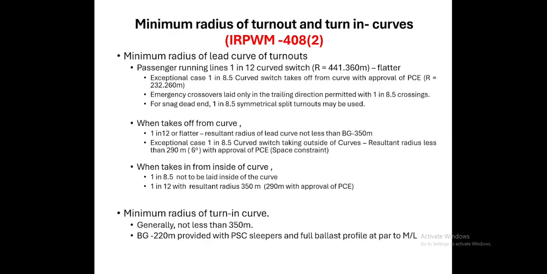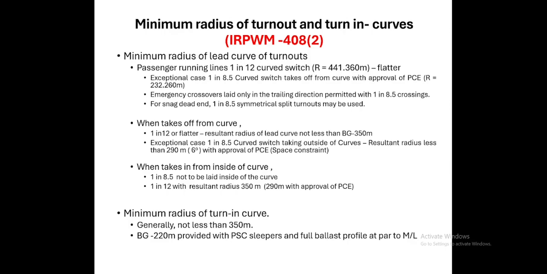Of course, snag dead ends, which you might have seen at stations for fire safety purposes. For that location it is advisable to go for a 1 in 8.5 symmetrical split, because when we design it as a symmetrical split, the turnout radius becomes equal to that of 1 in 12. So we get the advantage of 1 in 12 with limited space. And also, any escaped vehicle will be taken away from the main line, so that we can ensure no infringement with the main line.